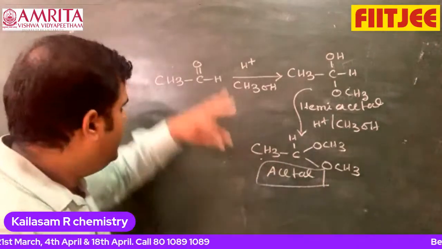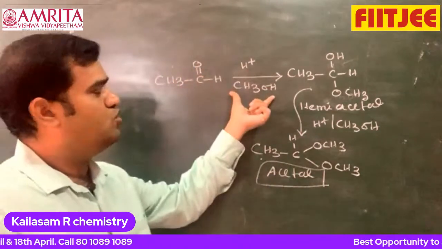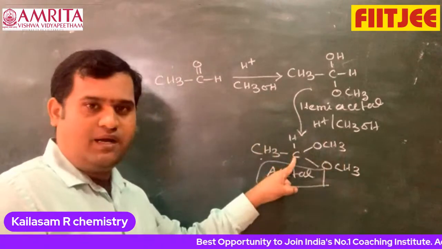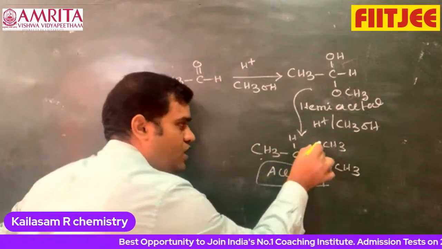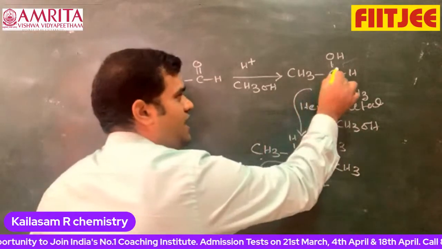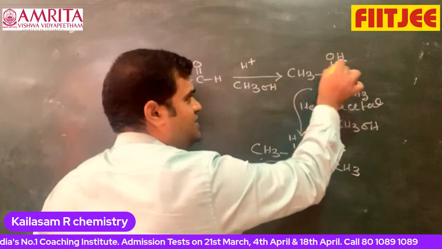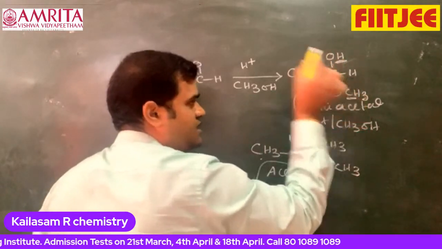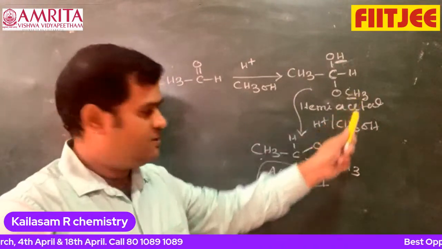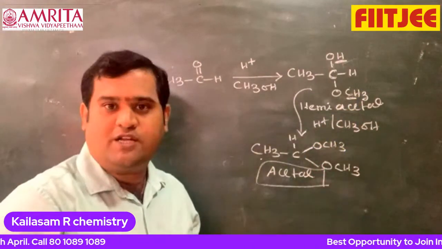Very simple: how to observe? In place of the double bond O, two OCH3 groups are attached. That means carbon attached with two oxygens carrying alkyl groups is an acetal. If that carbon has oxygen with hydrogen, and oxygen with an alkyl group, it is a hemiacetal. When both are alkyl groups, it is called an acetal.